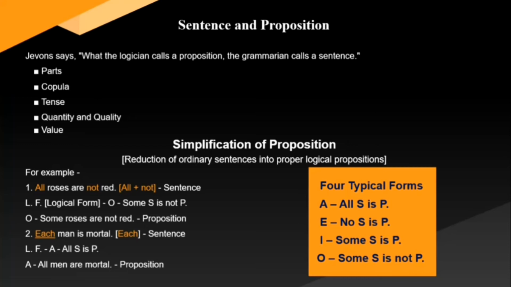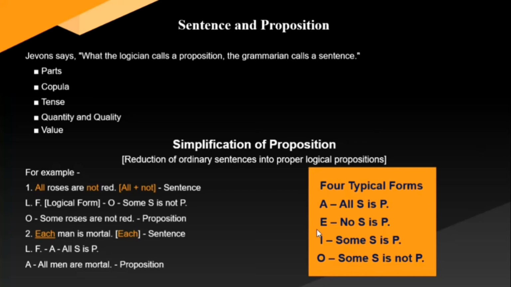Now let us try to understand simplification of proposition. Simplification of proposition means reduction or transformation of ordinary sentences into strict logical forms. Traditional logicians recognized only four typical forms of propositions in logic: universal affirmative proposition, universal negative proposition, particular affirmative proposition, and particular negative proposition.